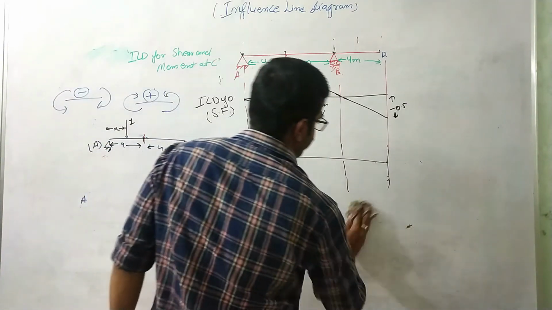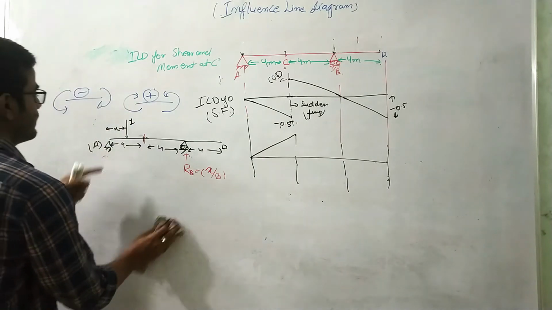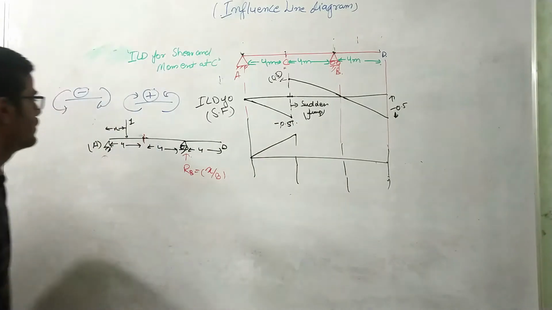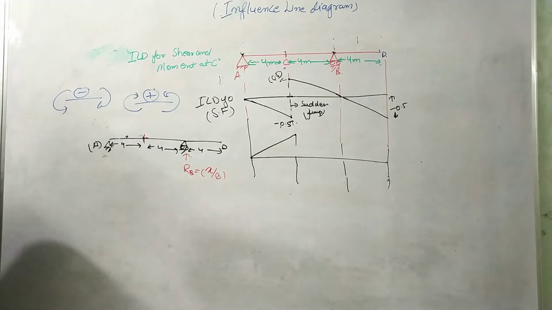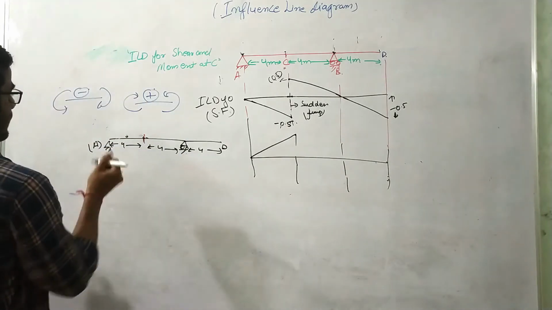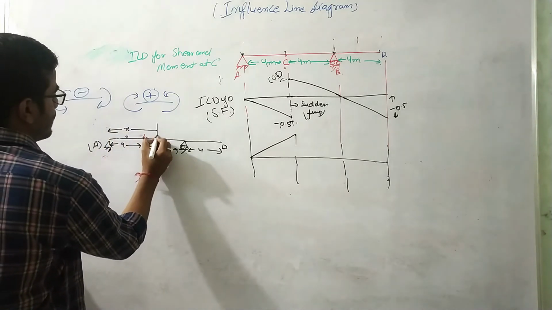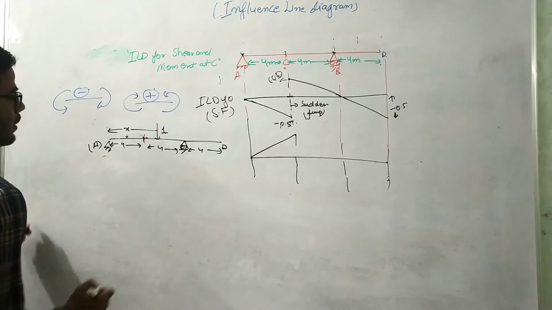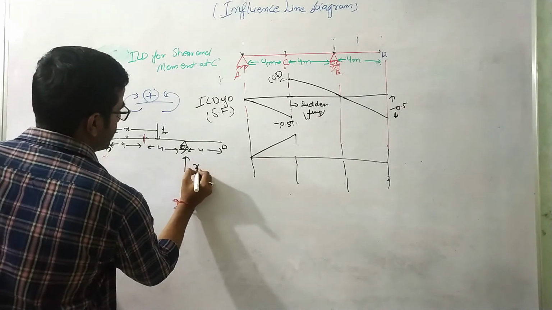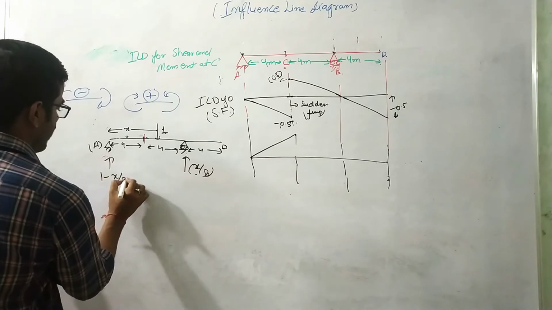Now again we will see when we change the position of the load to just right of this section. Again, this is our section C at a distance of x. Let us suppose this is the unit load. So again the reaction will be the same: x by 8, and here it is 1 minus x by 8.